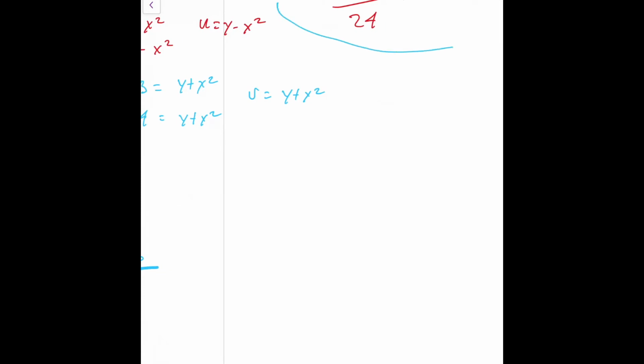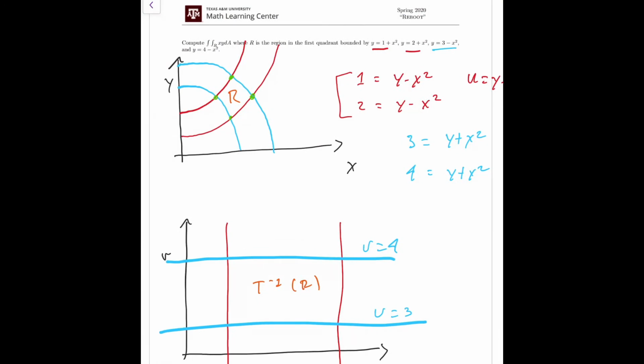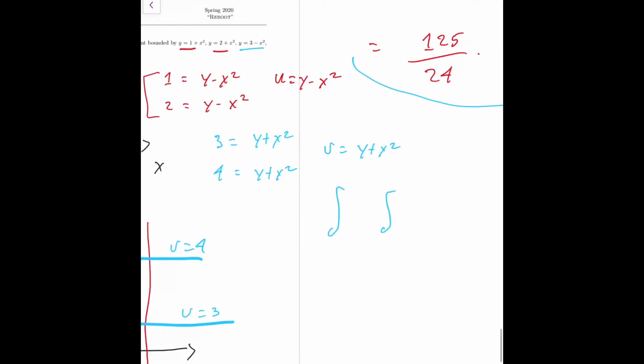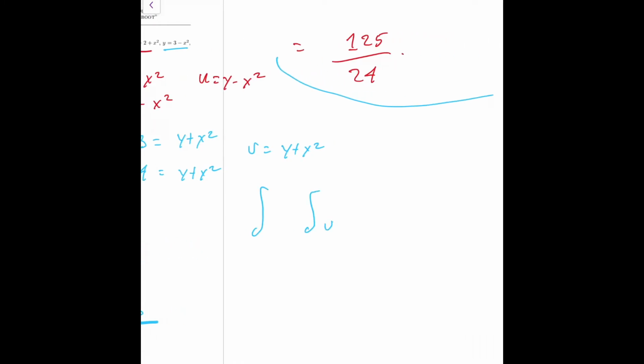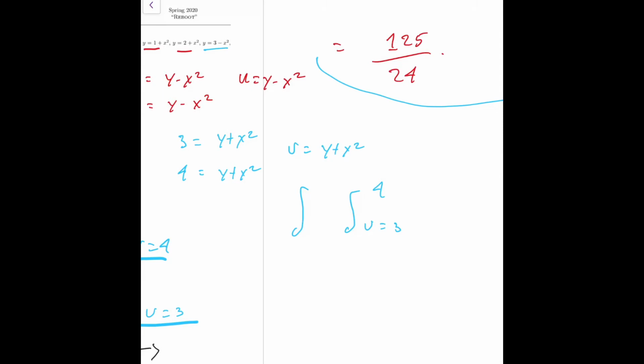So let's look at the change of variables formula. I have some function that I want to integrate on R. What does the change of variables formula say? Well, it says I can integrate it in the UV plane. I'm going to have v on the inside. v goes from 3 to 4, and then u goes from 1 to 2.